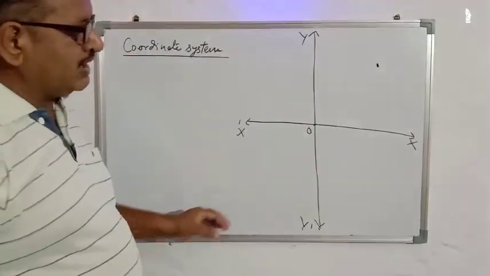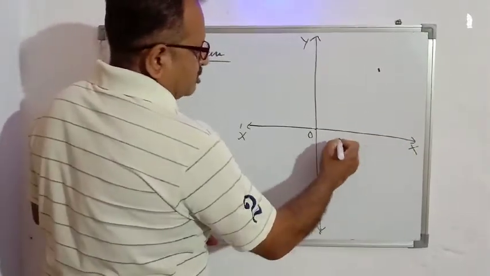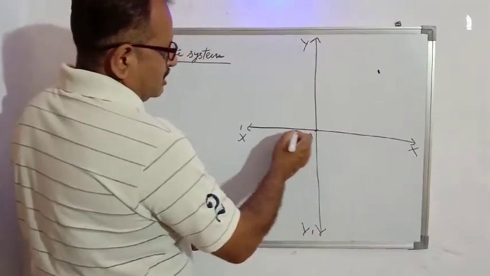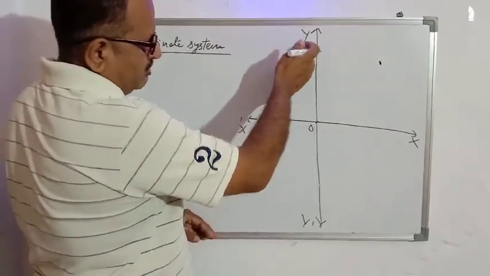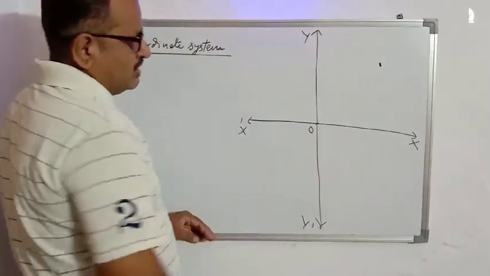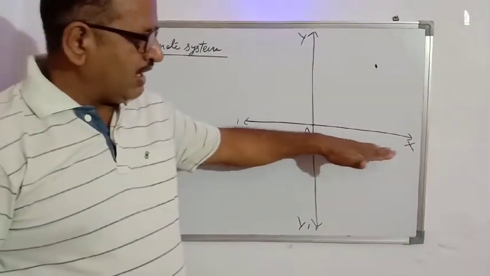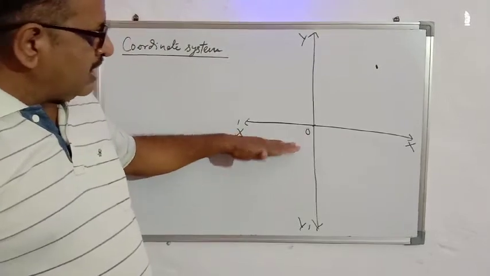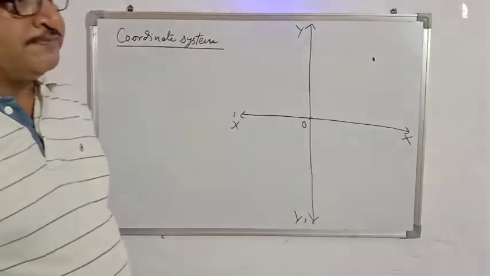From the right of 0, we take positive numbers. Left of 0, we take negative numbers. Above 0, positive numbers. Downside of 0, we take negative numbers.